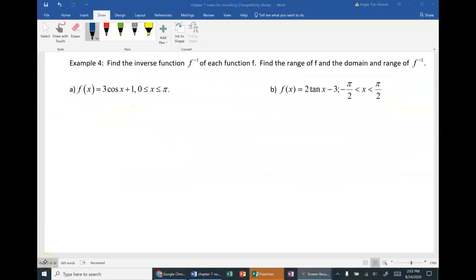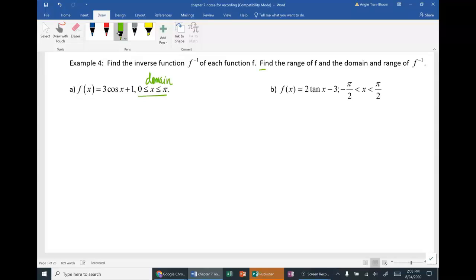Example 4, find the inverse function, which is f inverse, of each function f. Find the range of f and the domain and range of f inverse. Part A, f of x equals 3 cosine of x plus 1. This right here is the restriction for x, which means it's the domain of f.